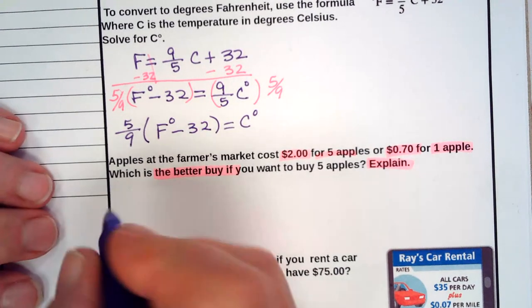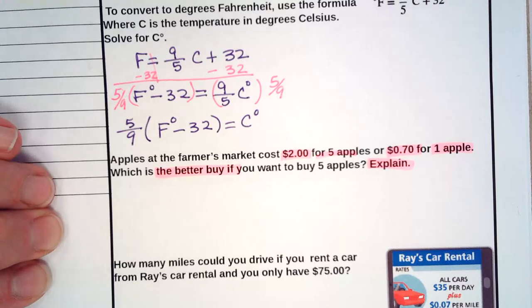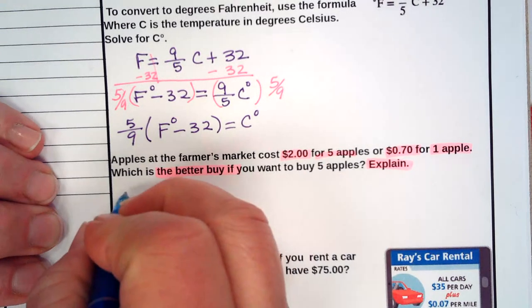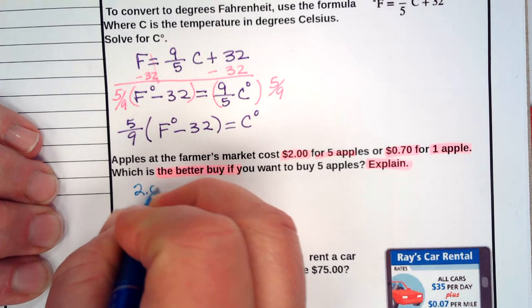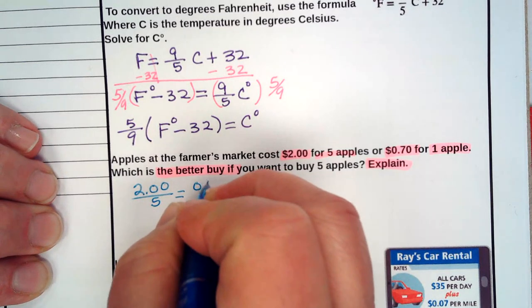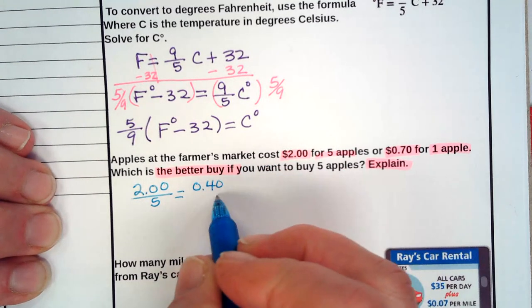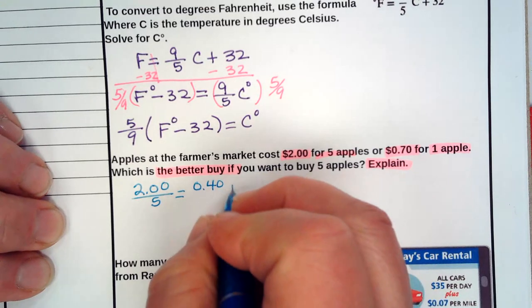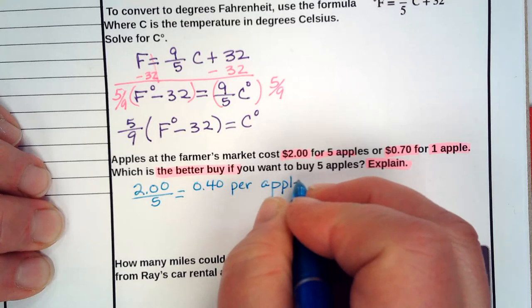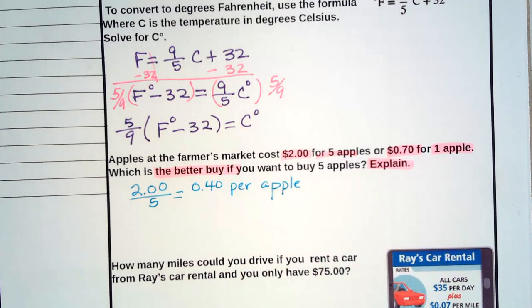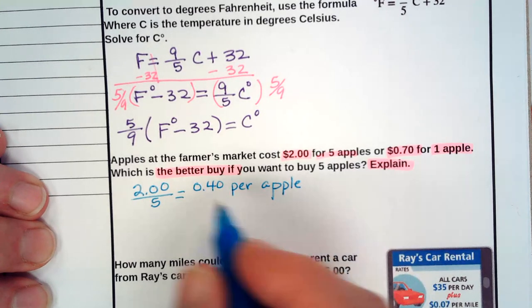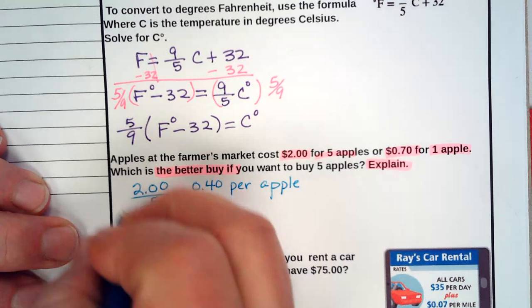Okay, so if I pick up five apples, it'll cost me $2. So the cost per apple, $2 divided by 5, will give me 0.40, which is 40 cents per apple. This is 70 cents for one. So, if you buy 5 apples, you will save 30 cents per apple.